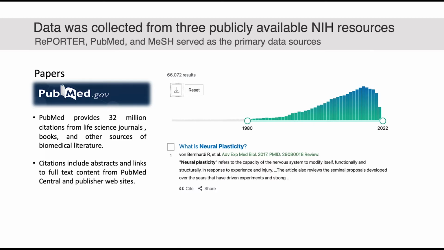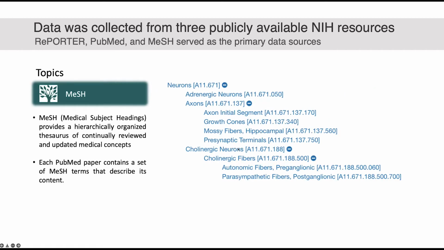And I'm showing you on the right-hand side here an example of work that was done on neuroplasticity. The height of this bar is the number of papers that was published on neuroplasticity. And I'm showing one example of a paper that was published in 2017 covering the topic of what is neuroplasticity. That's the kind of information we collected from PubMed.